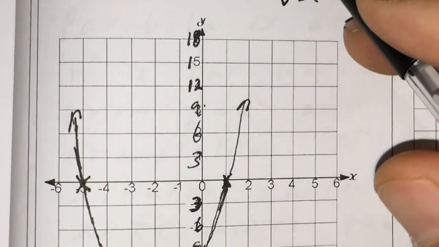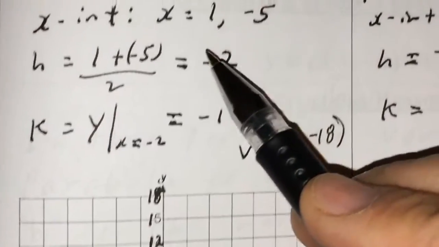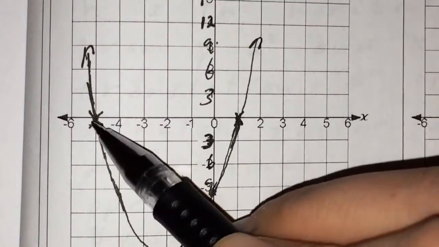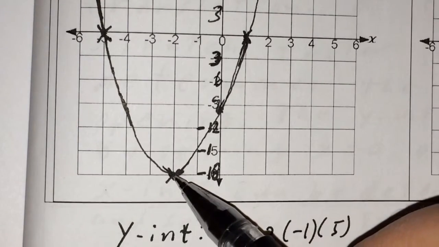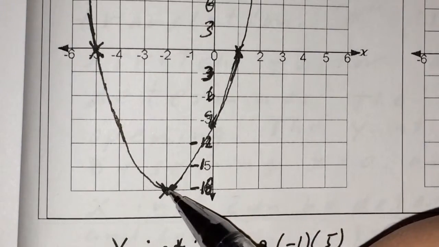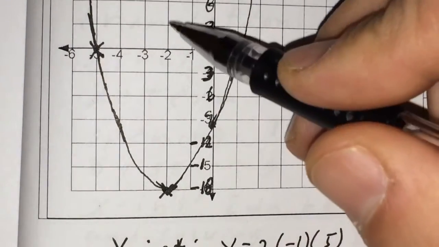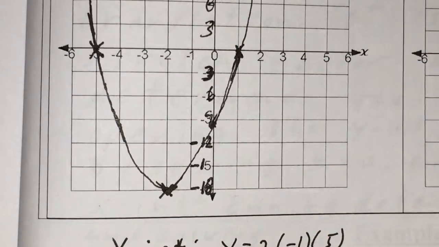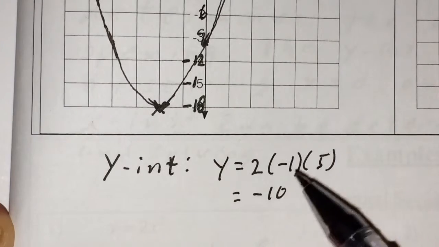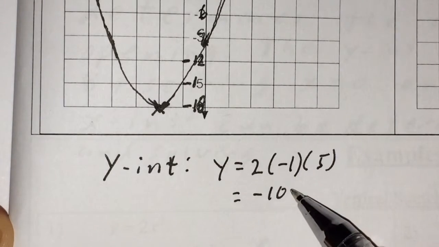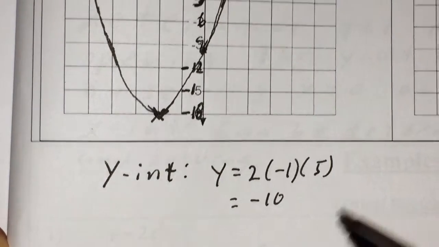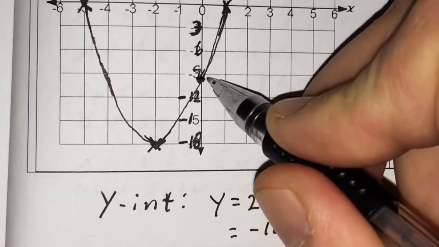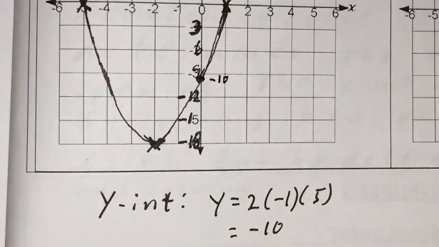The x-intercepts are 1 and negative 5, right there. The vertex is in the middle at (negative 2, negative 18). The axis of symmetry is x equals negative 2. And the y-intercept you can get by plugging in 0 for x. The y-intercept is negative 10, so it should go through here at negative 10.